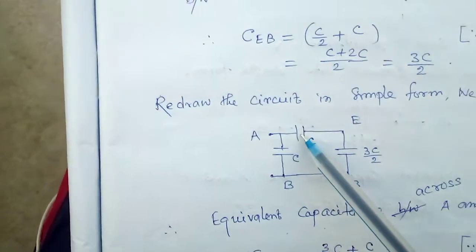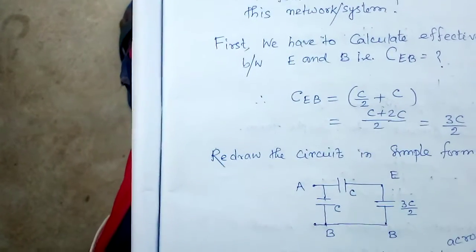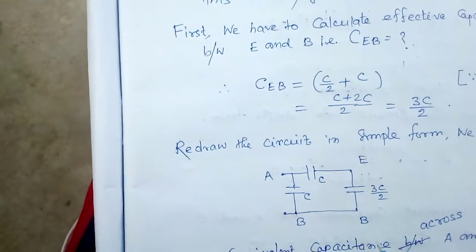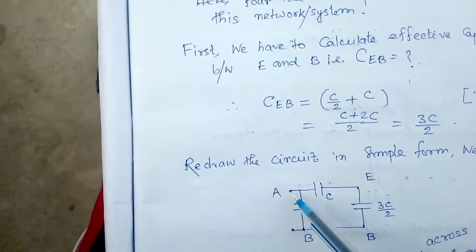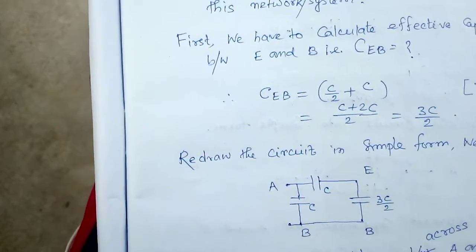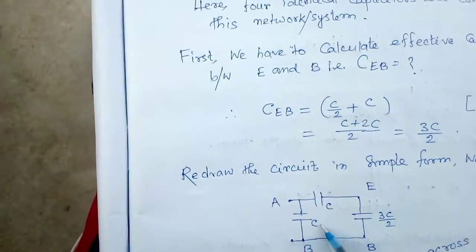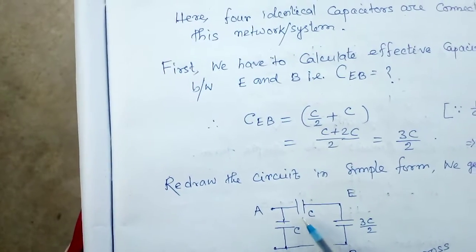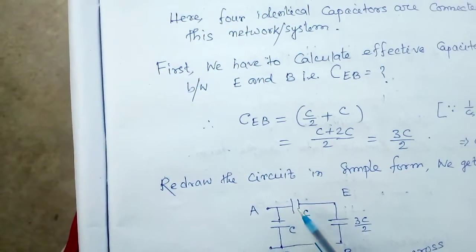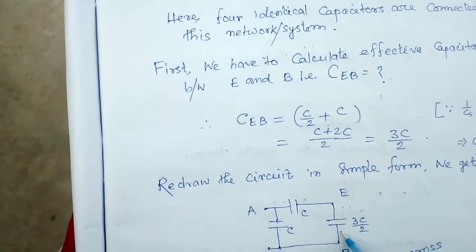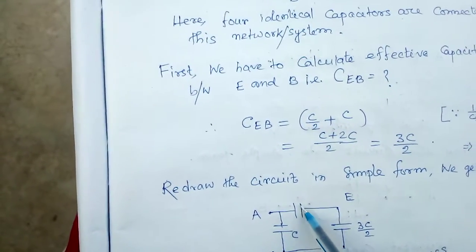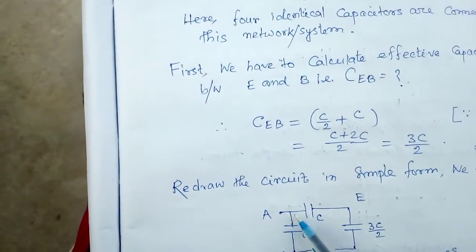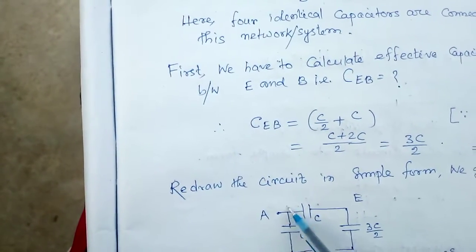Therefore, the effective capacitance between A and B will be, here in this circuit we have seen that these two capacitors are connected in series, and this series combination of capacitors is connected in parallel to this capacitor.